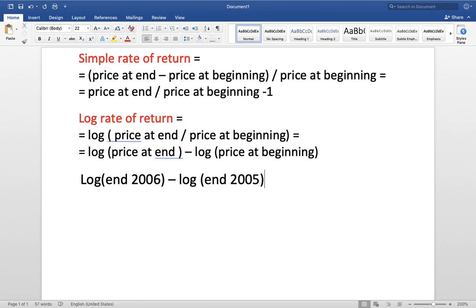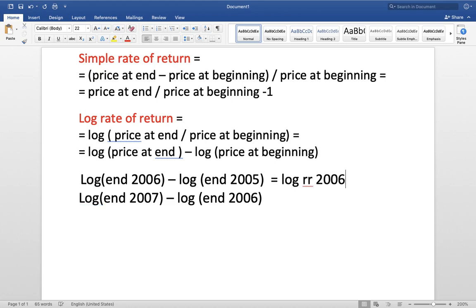This is the log rate of return of year 2006. Okay, then I have the log of end 2007 minus the log of end 2006. This is the log rate of return of 2007. So this is the log rate of return 2006, and this is the log rate of return 2007.